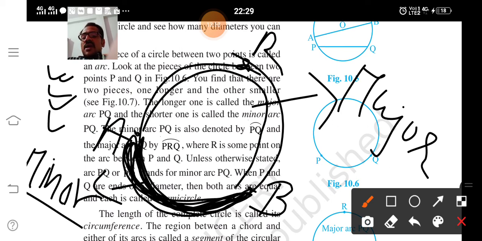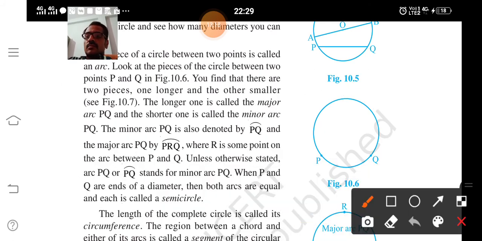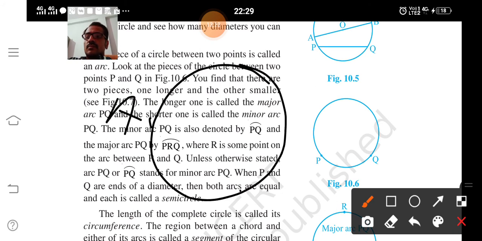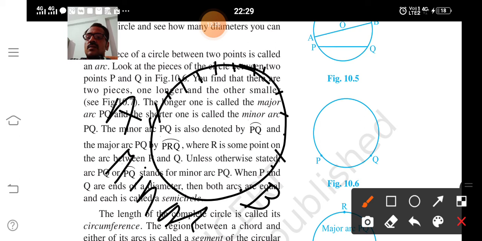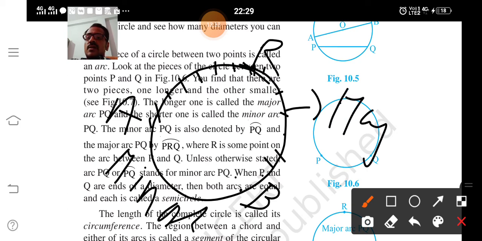This is minor and this whole is major. So this is the minor arc. This is the major arc.